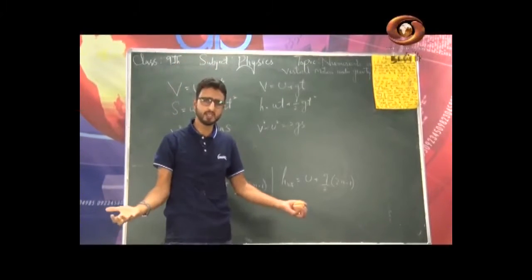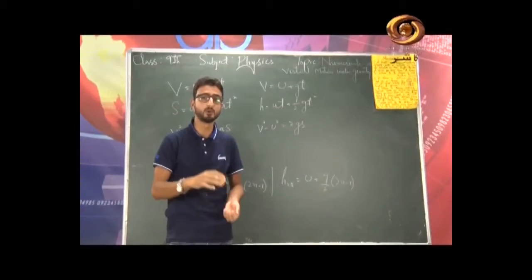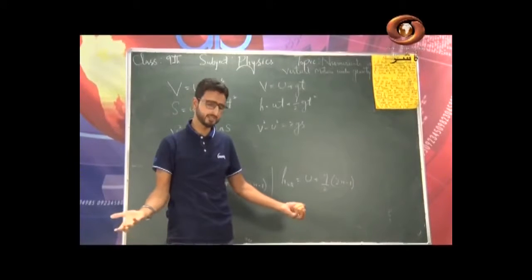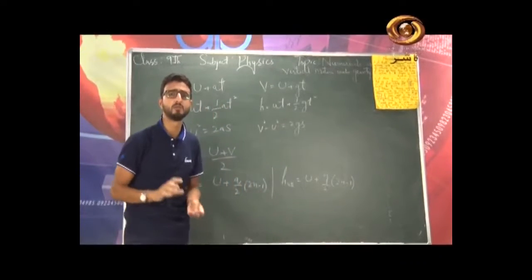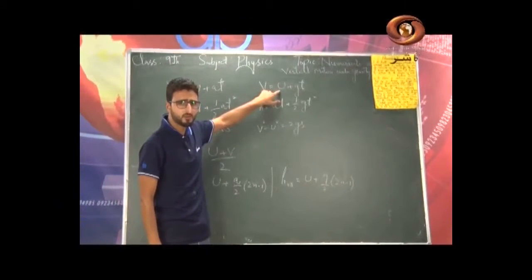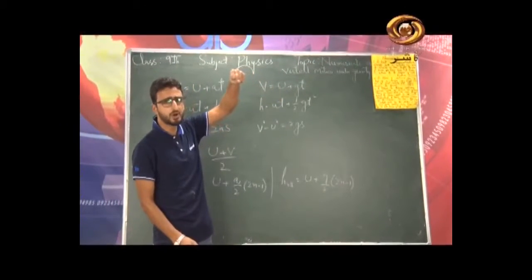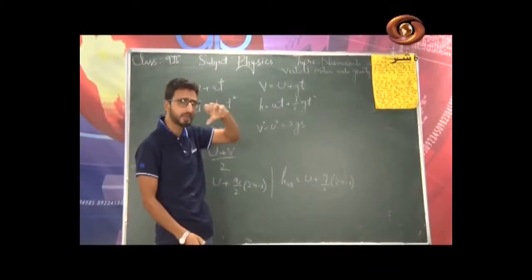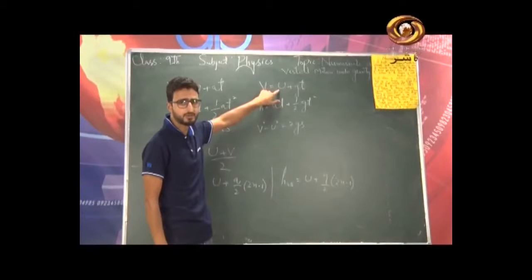Released means the initial velocity is equal to 0, and if the question says the body finally comes to rest, this indicates that the final velocity of the body is equal to 0. So if a body is just dropped from the top of a tower or just released from rest from the hand, you have to take initial velocity to be equal to 0.